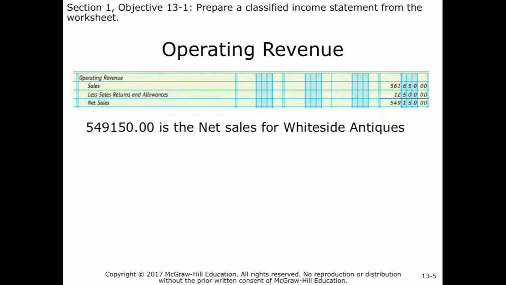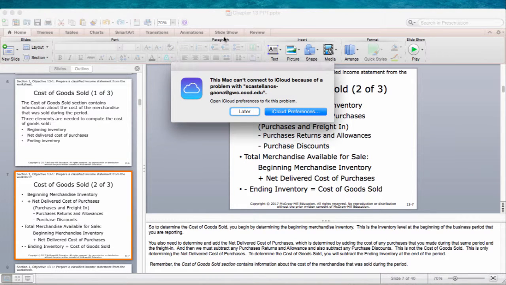If we don't do that, we will be reporting higher sales than what had actually occurred in the business period. In this case, the sales returns and allowances total $12,500. When we subtract this number from the sales, we report the net sales for this business, which is called Whiteside Antiques, as $549,150.